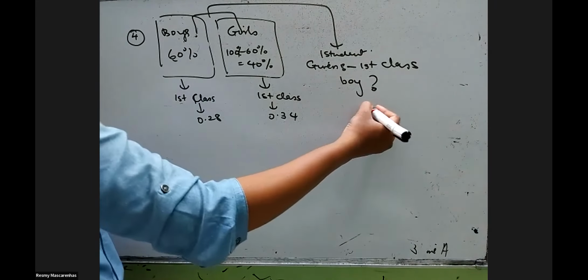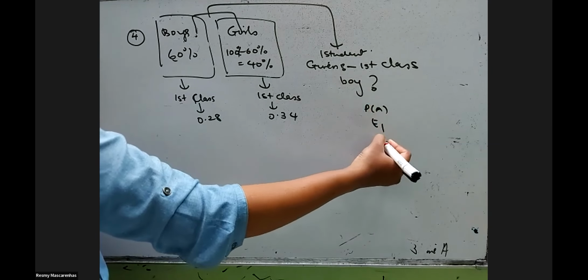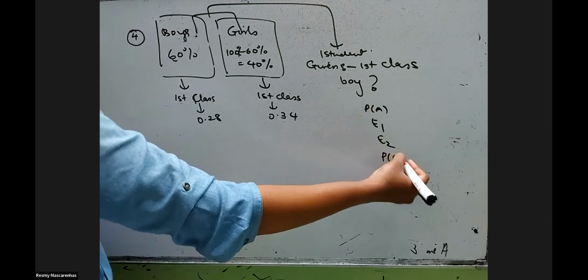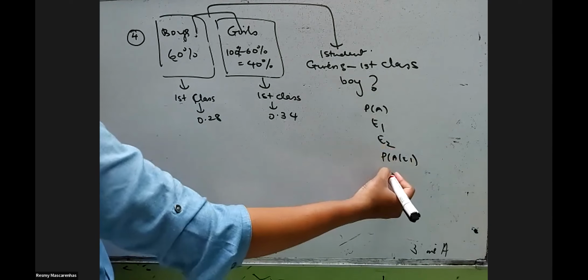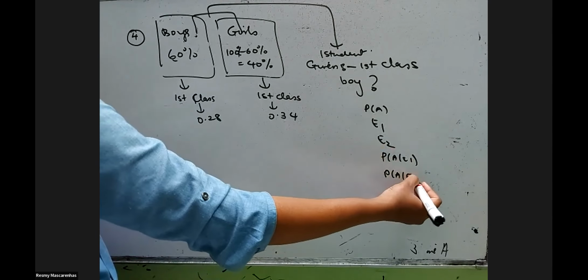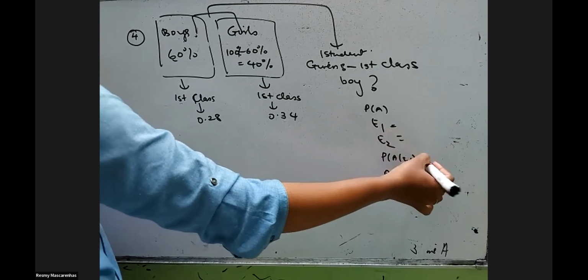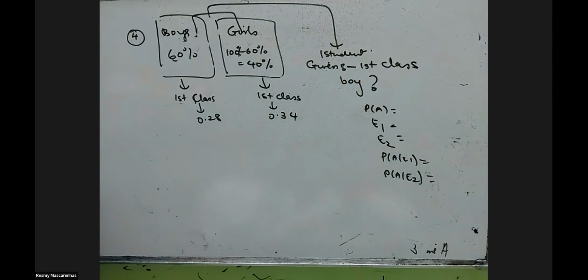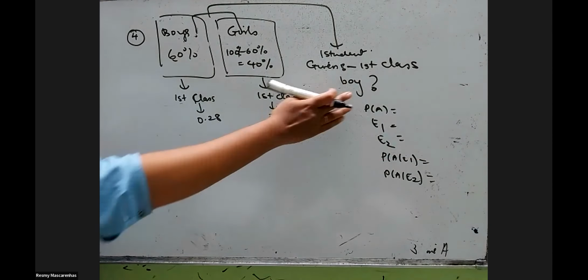By now you all should know this order by heart. It will never change, whether it is for the total probability theorem or this, whichever it is, the sequence will not change.